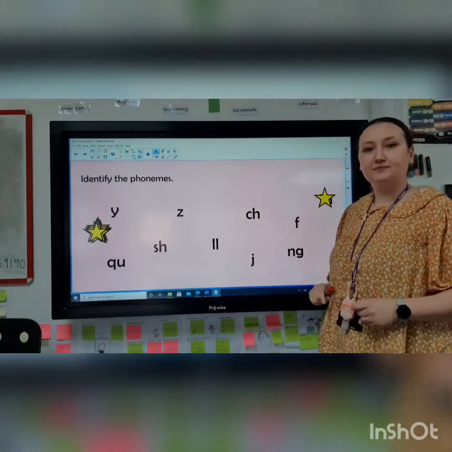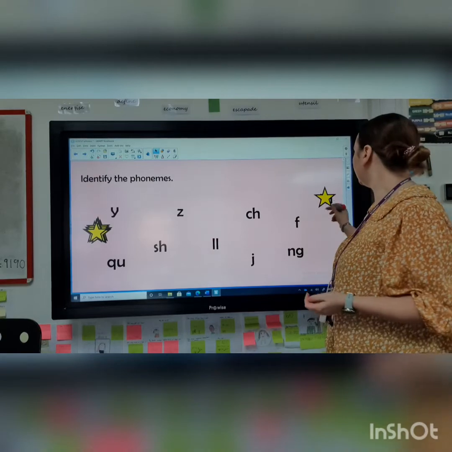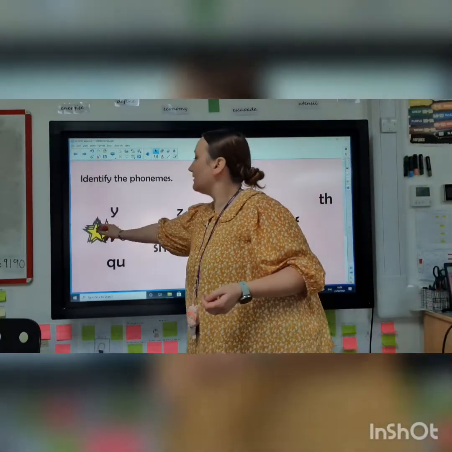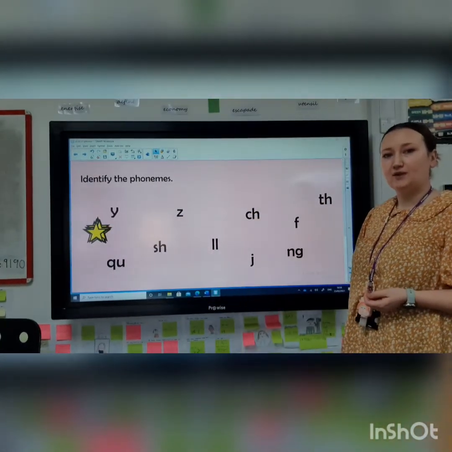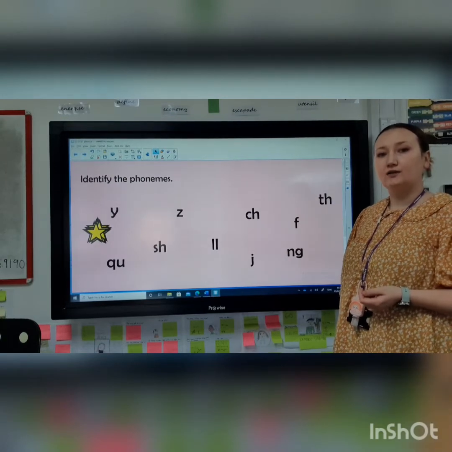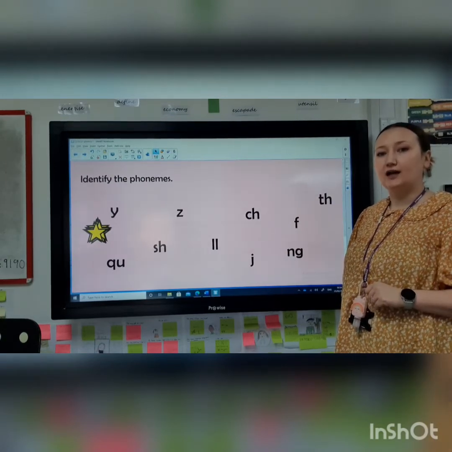This one, and this one, L. So there's two sounds for that one, and L.